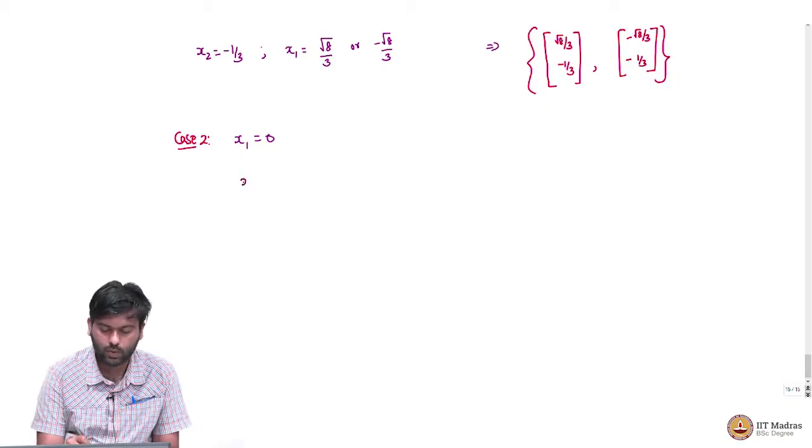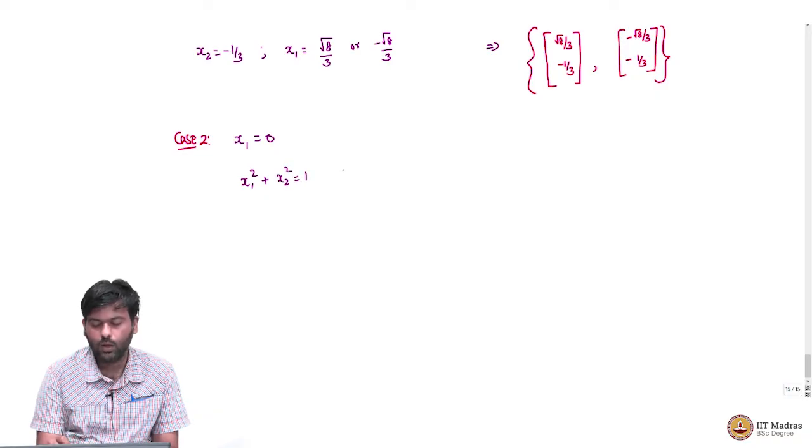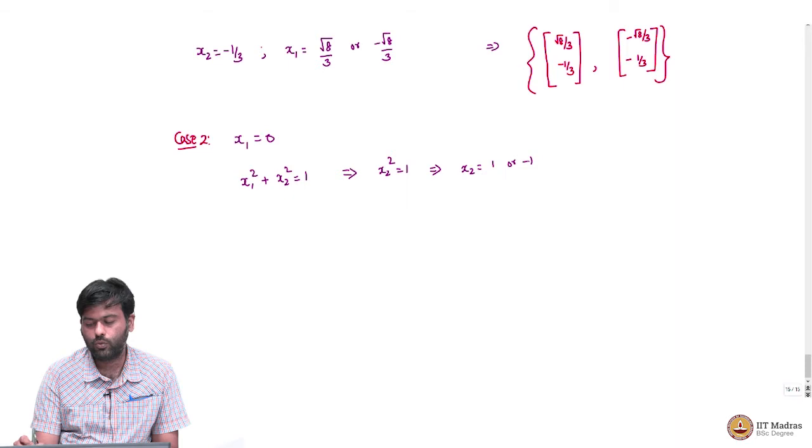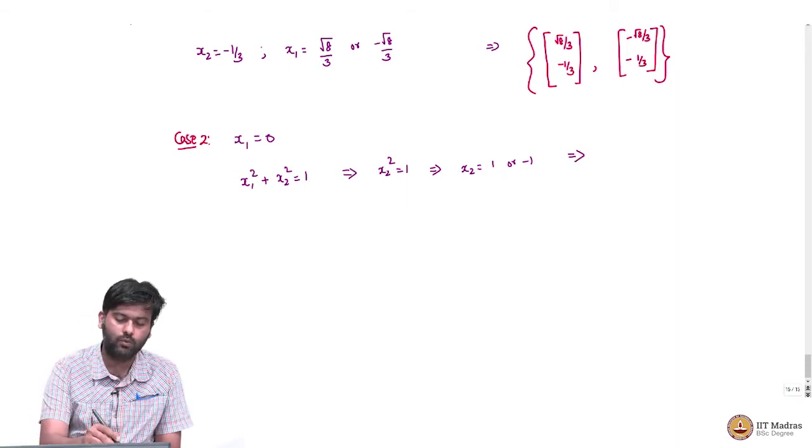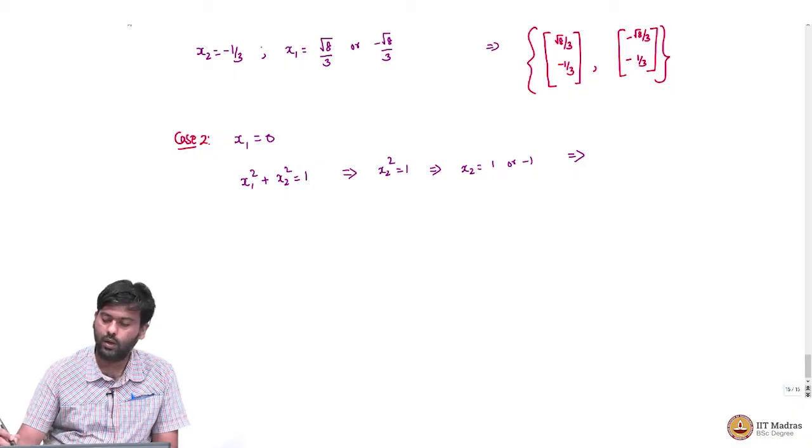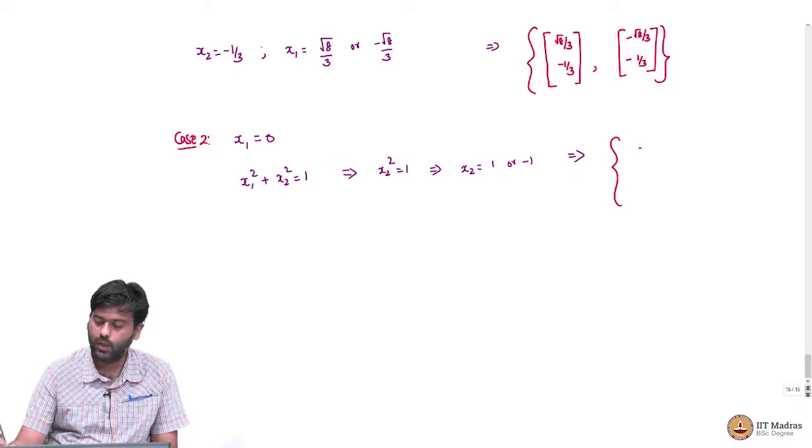So the feasibility equation would say x1 squared plus x2 squared equals 1, which implies if x1 is 0, then x2 squared has to be 1, which means x2 equals 1 or minus 1. Now this tells us the set of points which are important here are x1 is 0 and x2 is 1, and x1 is 0 and x2 is minus 1.